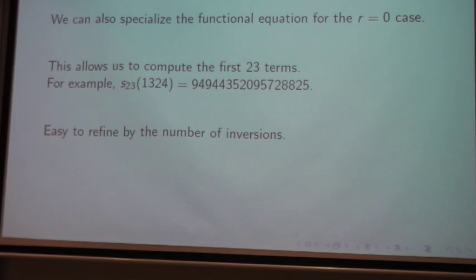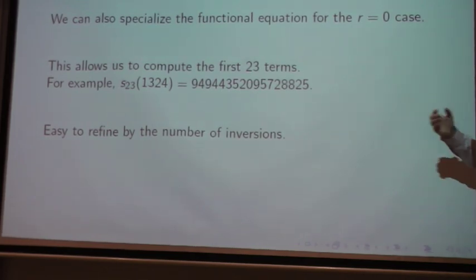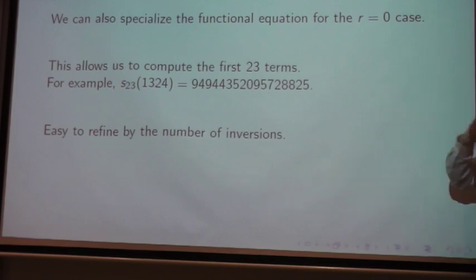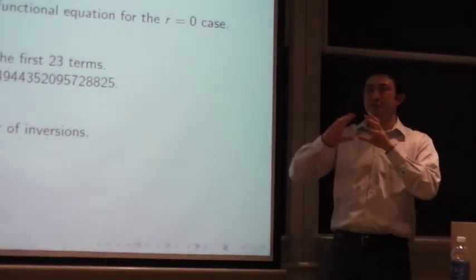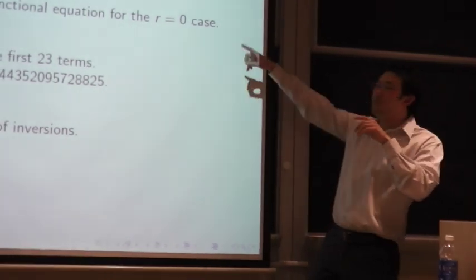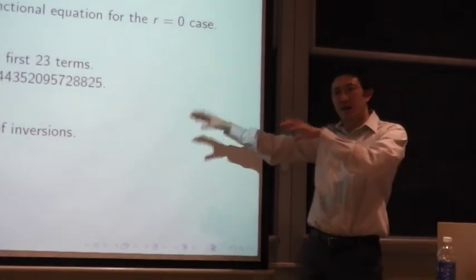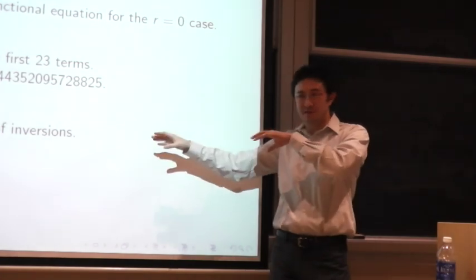The one final nice thing about this specific approach, compared to maybe the previous approaches, is that it's easy to refine by the number of inversions. This is useful because for the past couple of years, there's been a conjecture regarding 1, 3, 2, 4 avoiding permutations and the inversions.